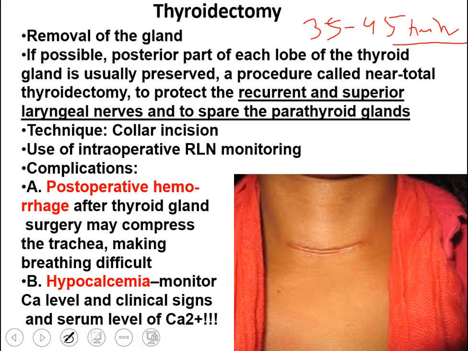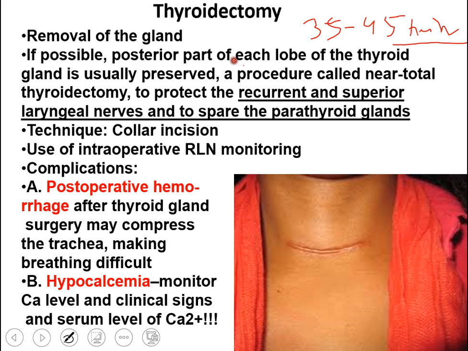There are several indications for thyroidectomy. The most common, as I mentioned on the previous slide, are thyroid cancer and goitre, usually the toxic type of goitre or multinodular goitre. As future doctors, you should be aware that in thyroidectomy for treatment of toxic goitre, the posterior part of each lobe of the enlarged thyroid gland is usually preserved for two reasons.